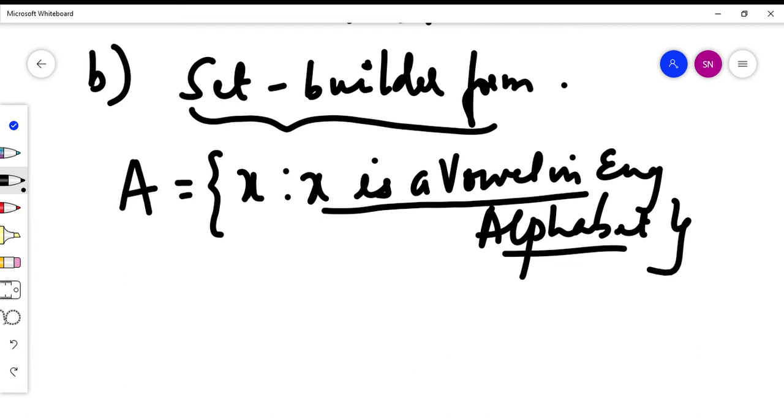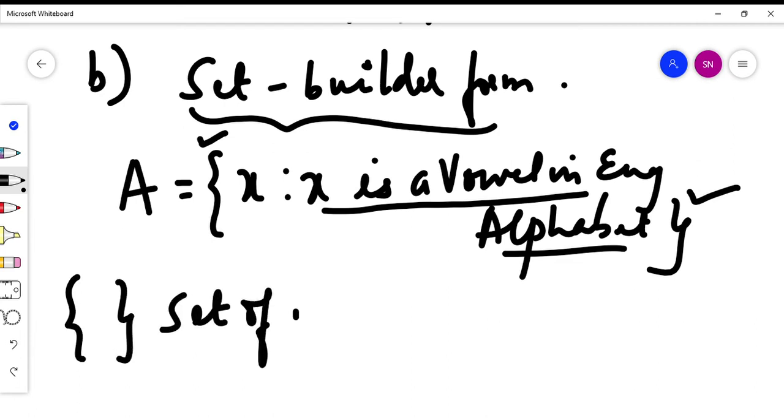The curly bracket means set of all, because the curly brackets have all the elements written inside them.